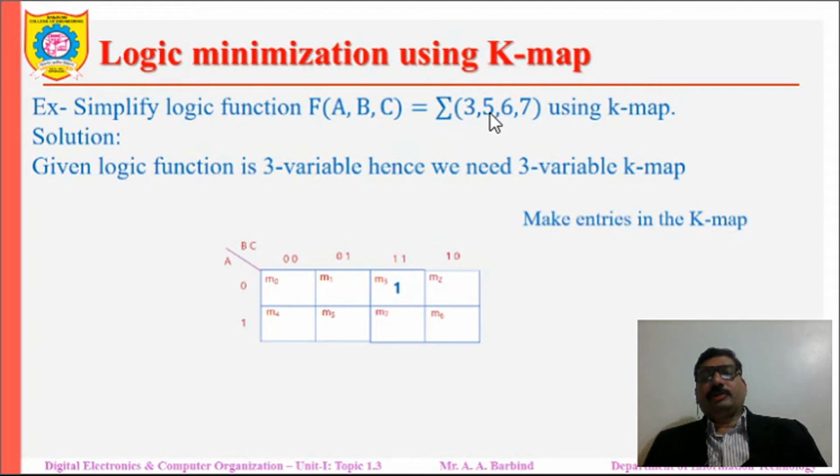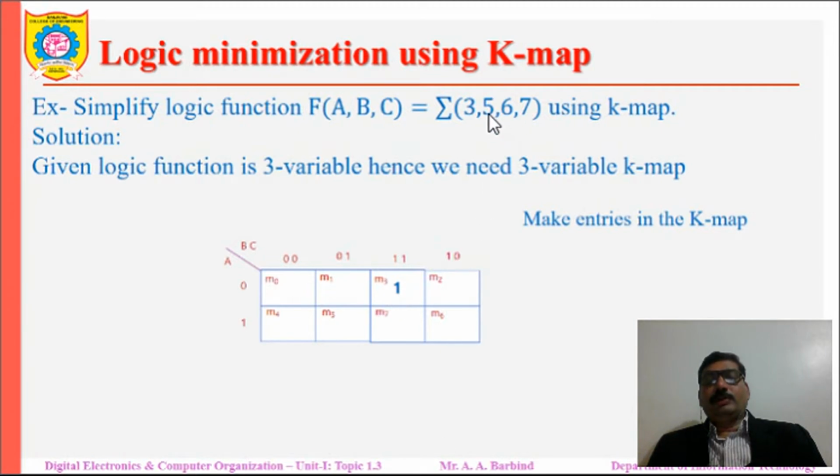Minterm 5 corresponds to the row 101, the output will be 1. Then for 110, output will be 1, and for 111, the output will be 1. So for 011 in the table we have made the entry 1.